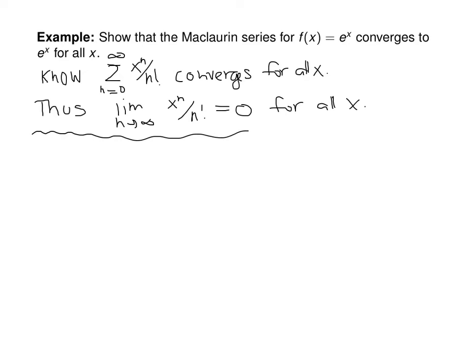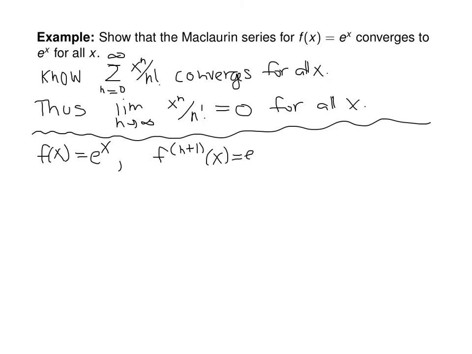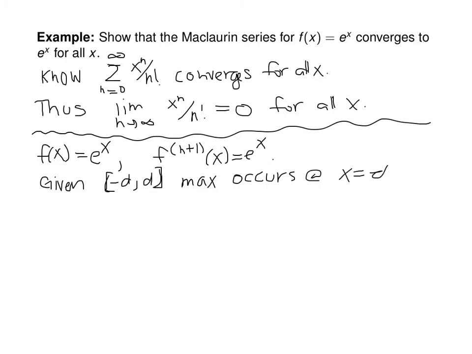So now we'd like to show that the remainder in this Maclaurin series is going to 0. So since f of x is e to the x, the n plus first derivative is also e to the x. Now, given any interval from, say, negative d to d, including the endpoints, the maximum occurs at x equals d.